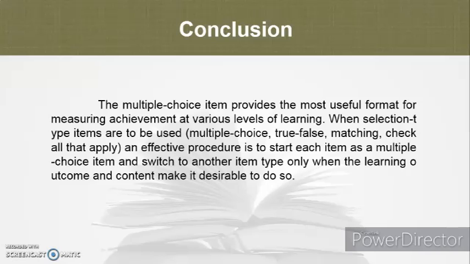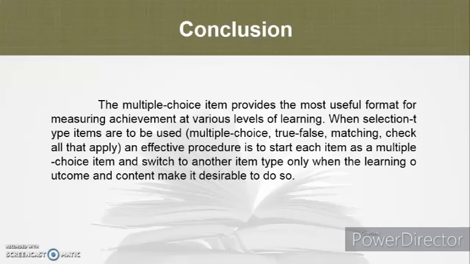And now we are going to the conclusion. After we have discussed a set of standardized multiple choice tests, we can conclude that the multiple choice item provides the most useful format for measuring achievement at various levels of learning.